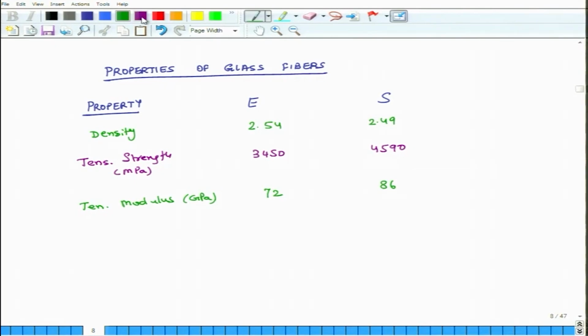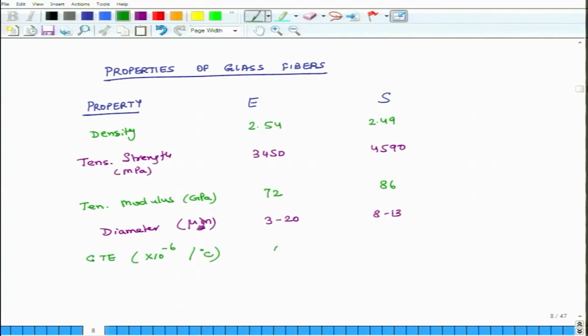Diameter, typically when it is being produced, and this is in microns, micrometers or microns. Okay. So, there is a lot of variation, 3 to 20 microns, and this is 8 to 13 microns. And the last thing is coefficient of thermal expansion, and this is into 10 to the power of -6 per degrees centigrade.